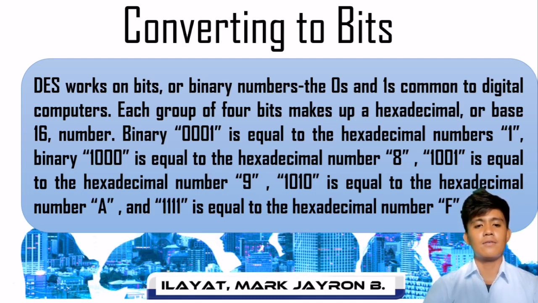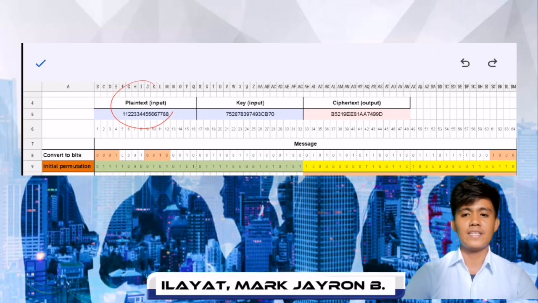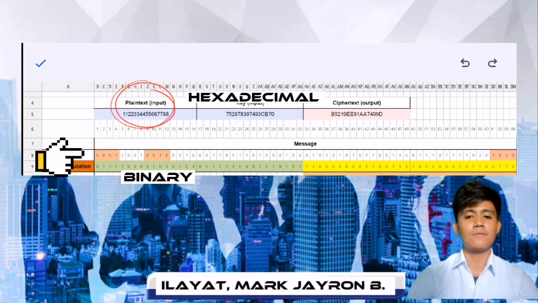And 1010 is equal to the hexadecimal number A, and 1111 is equal to the hexadecimal number F. In this table, the plain text here are the hexadecimal digits and these are the binary values of each hexadecimal.